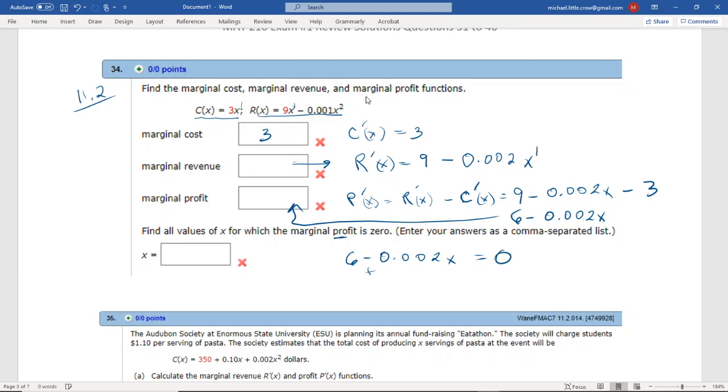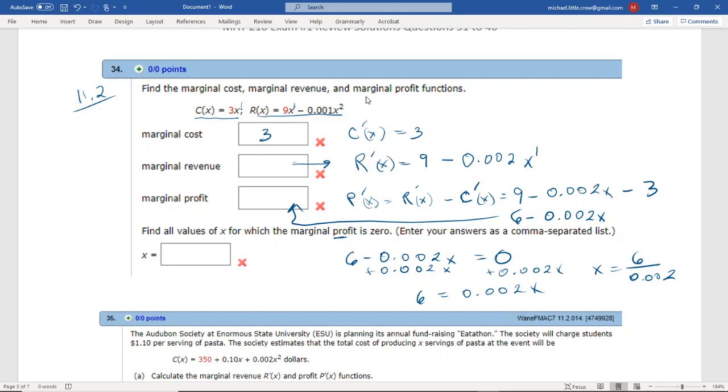Now I'm just going to add the 0.002x to both sides. It saves maybe a step. So we get 6 equals 0.002x. Divide both sides by 0.002. So we're going to get x equals 6 divided by 0.002.